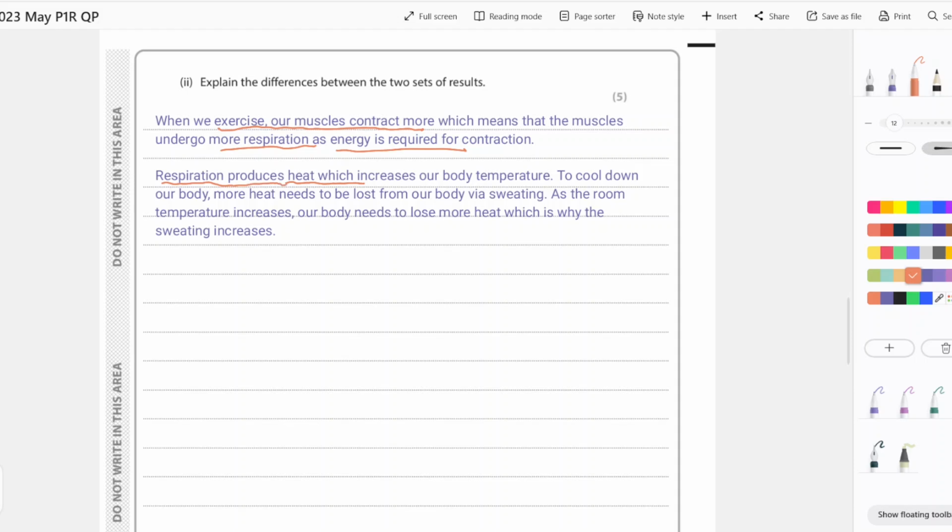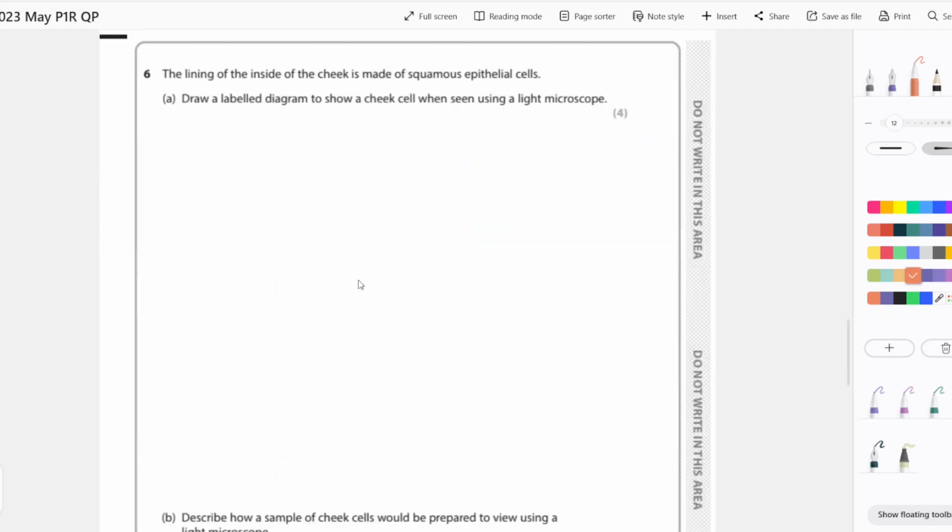That's the fourth mark, and that needs to be lost from our body. And we've got increased sweating, which is this, and then the trend, which is as the room temperature increases, the rate of sweating increases. All right, let's move on to question 6.